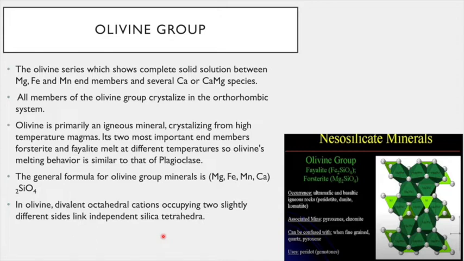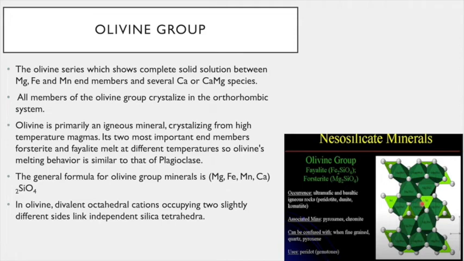So any of these could be present along with silicon tetrahedron. In olivine, divalent octahedral cations occupying two slightly different sites link independent silica tetrahedra.